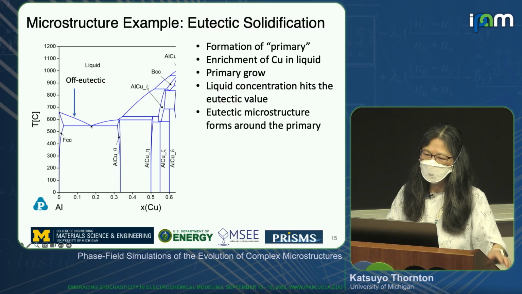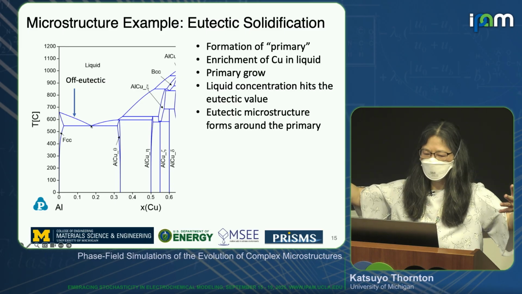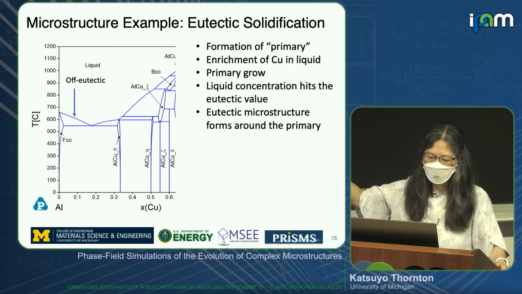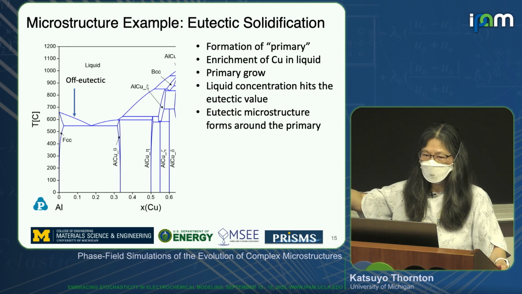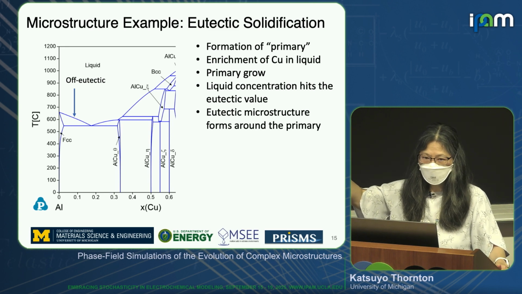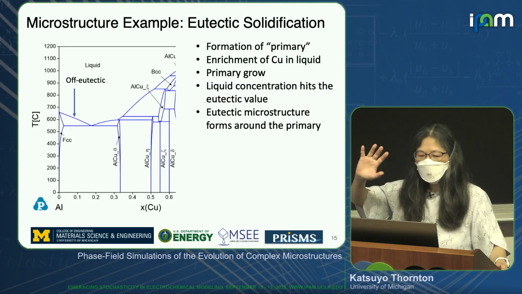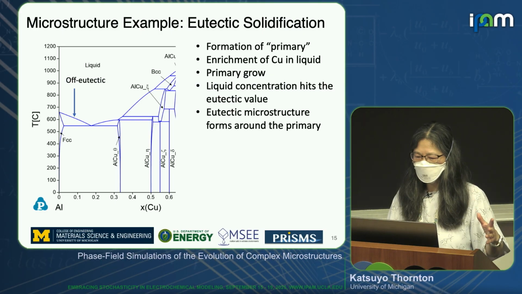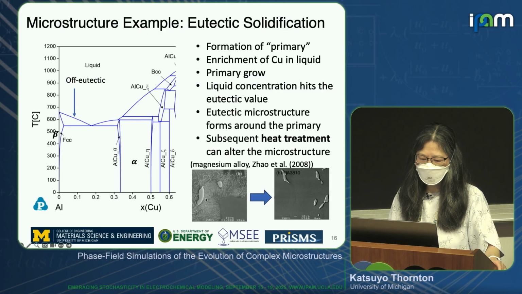Then, as you have a lot of the aluminum-rich phase, the copper-rich phase segregates into the liquid phase, and then it hits this eutectic point, and you have the structure that you saw earlier, where you form primary phase and then you form the eutectic.